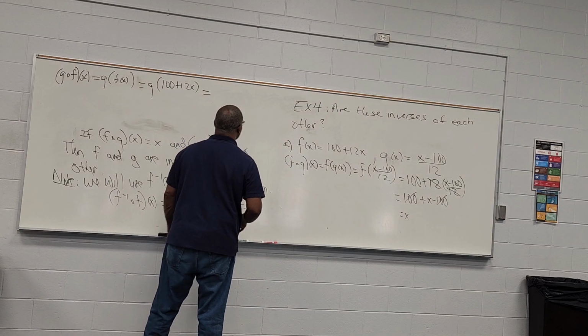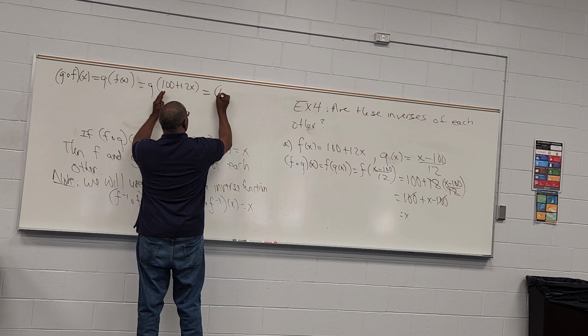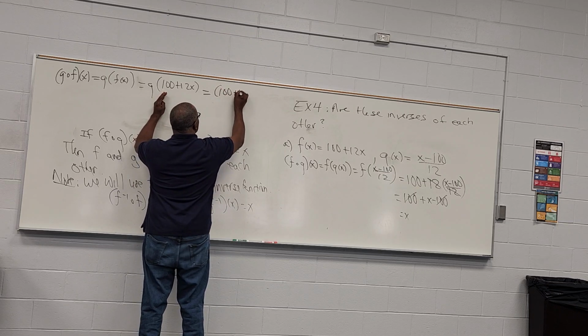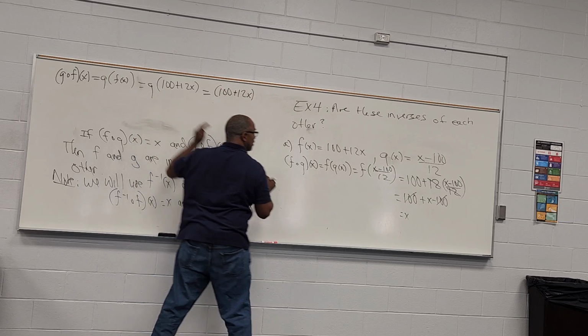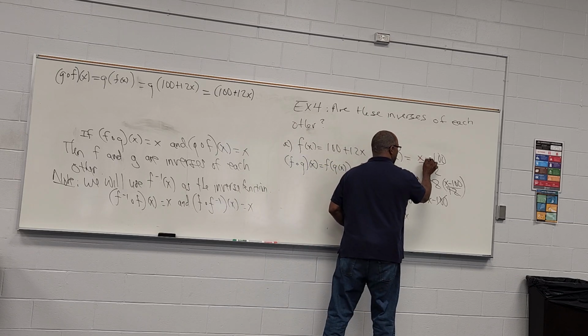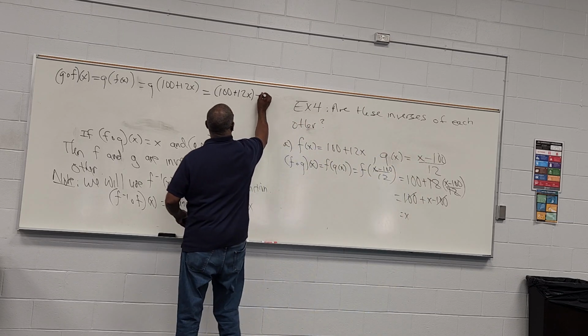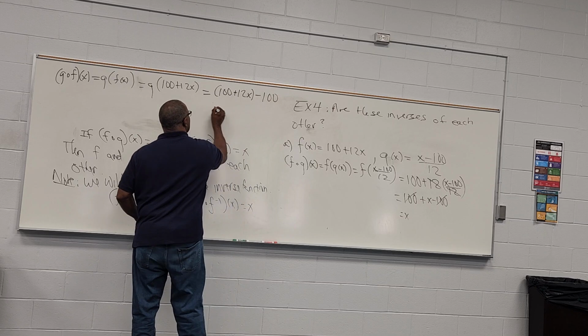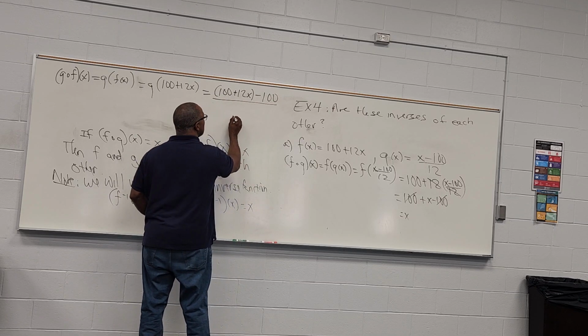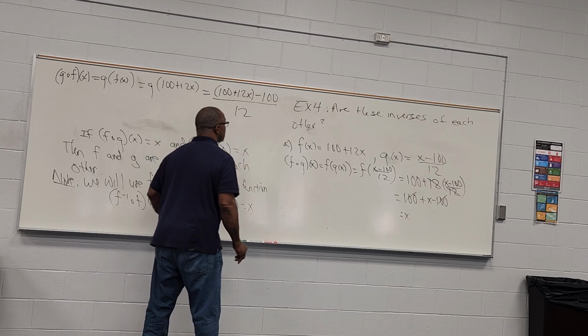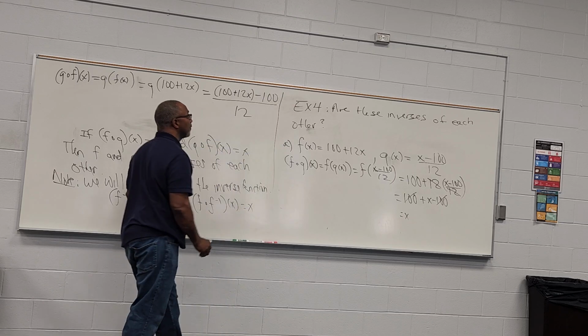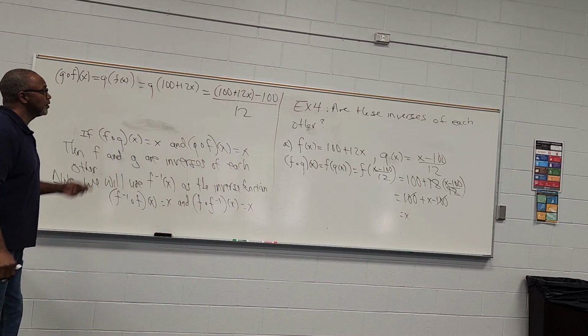So g of x was x minus 100 over 12, so in place of x I'll put 100 plus 12x, minus 100, all over 12. Okay?